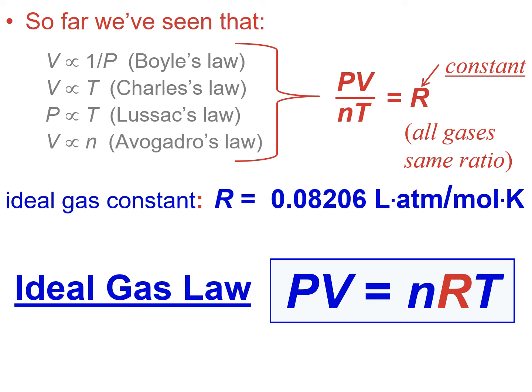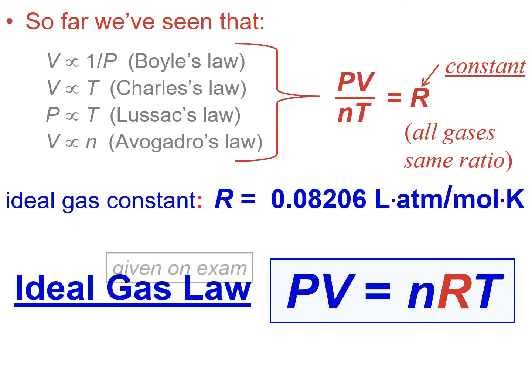Pressure times volume is equal to the number of moles times R times T. The ideal gas law. You need to know it for chemistry.